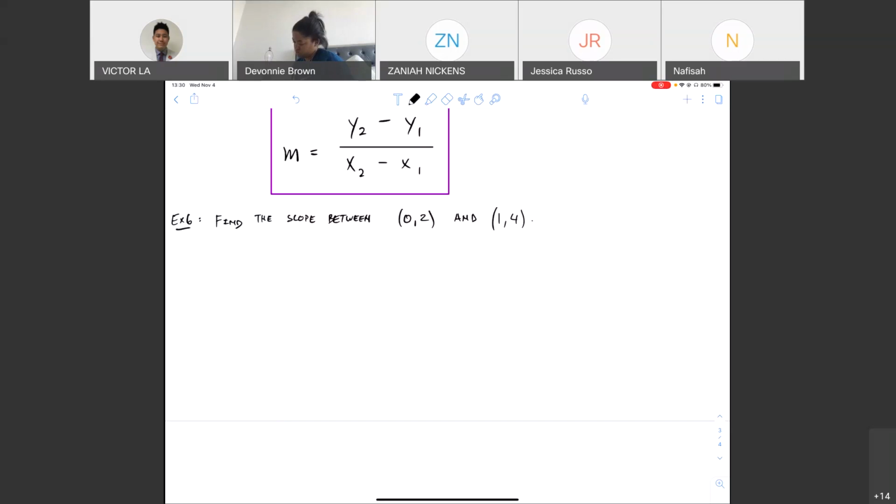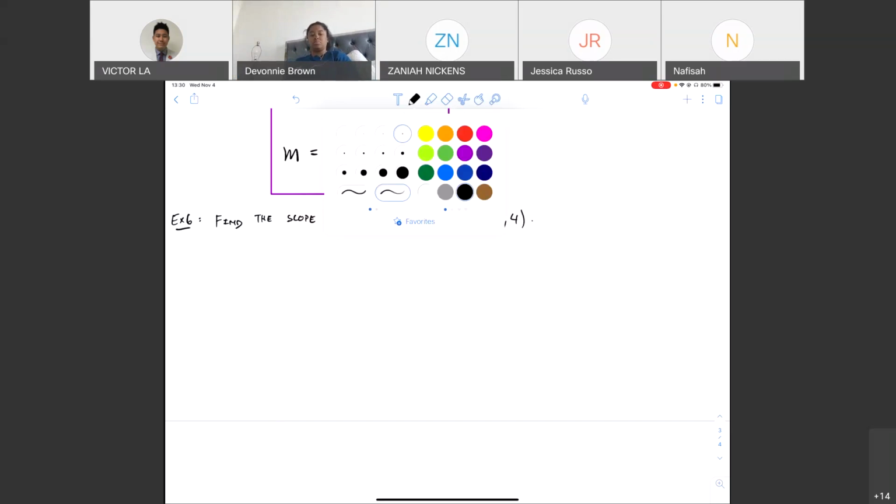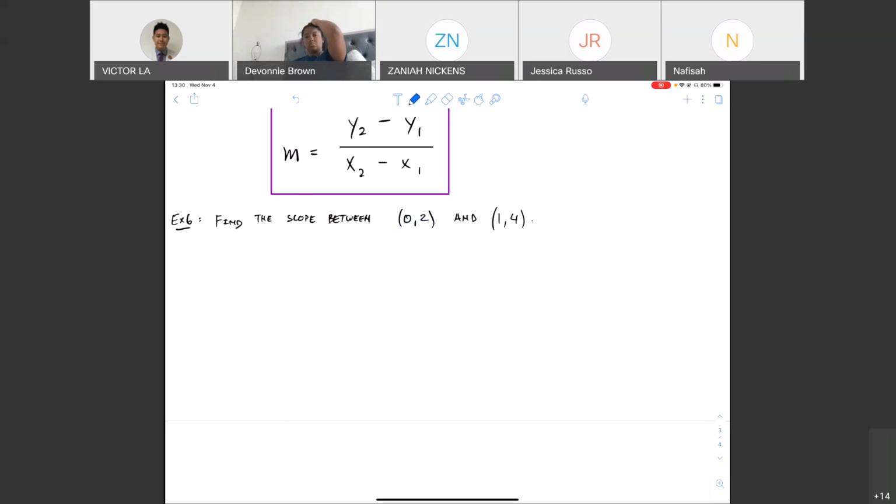Now, when you were first introduced to this, most teachers, students, whoever, always talk about ways to make it a lot easier to approach. The number one thing that students find helpful is that they immediately label their 2 points. It doesn't matter which one you call x1, y1 or x2, y2, because the formula will compensate no matter which way you go.